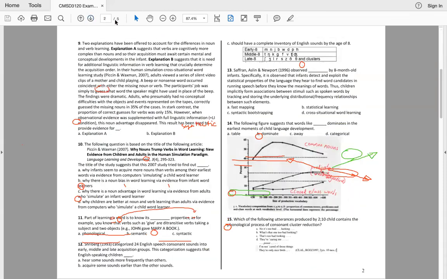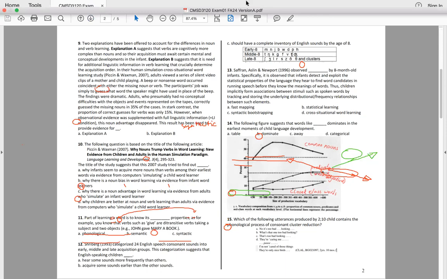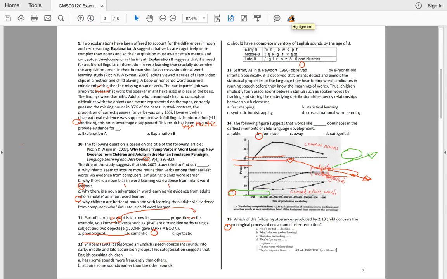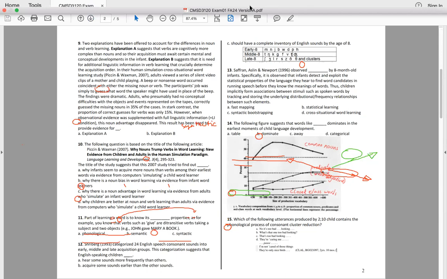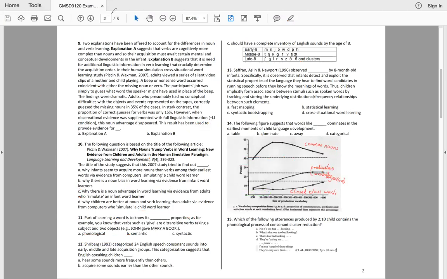Now, let's look at question 9. Okay, question 9 is about this study.